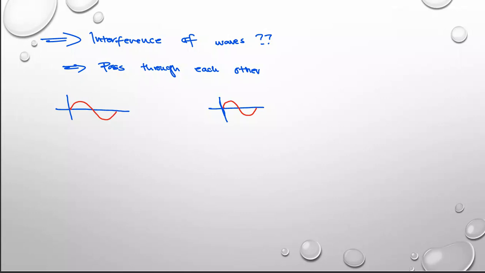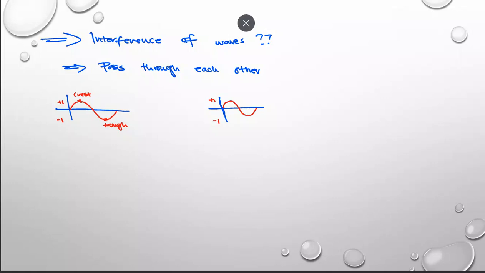As you can see, my main area of interest will be the amplitude. The amplitude on top is +1 and below is -1. Same applies here, +1, -1. But what you need to understand here is that the top part of the wave is called the crest, and the lowest part here is called the trough.